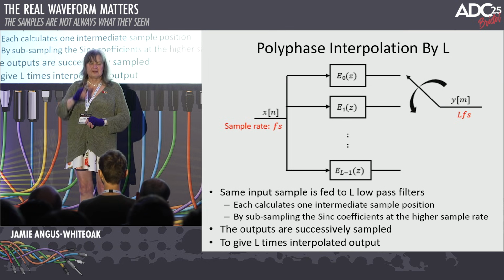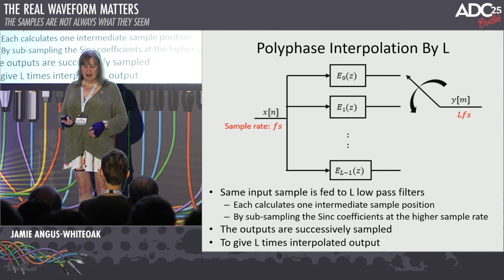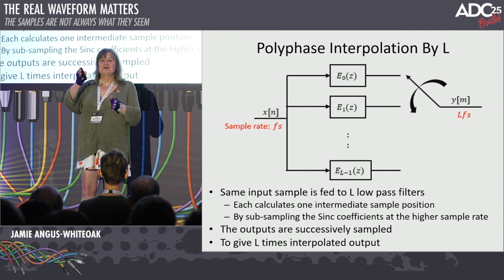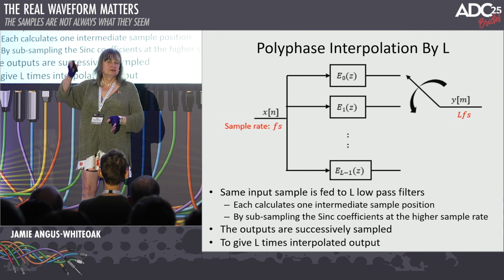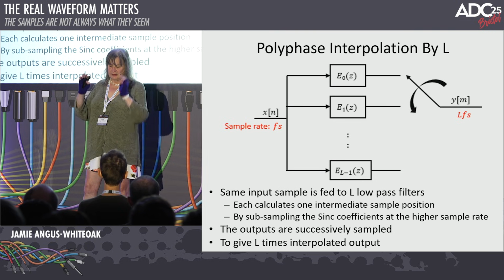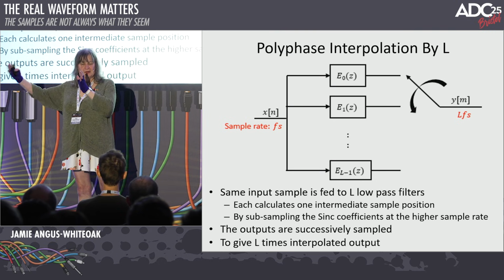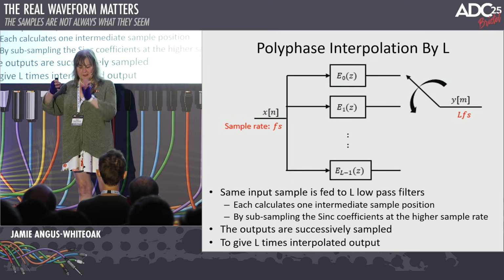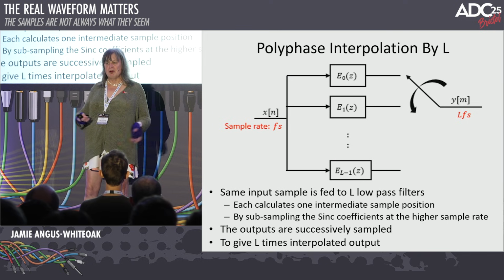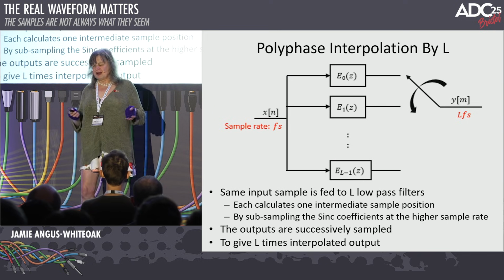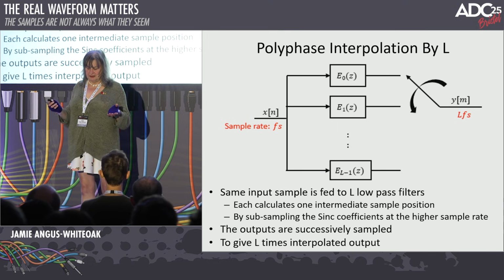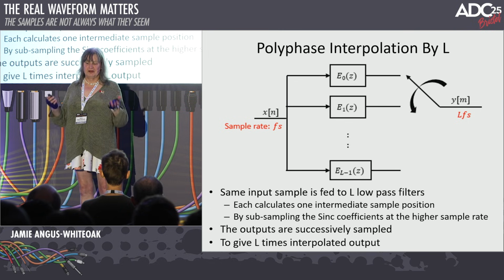Say we were implementing by a factor of L, the first filter would be coefficient 1, coefficient 5, et cetera, and then the next one would be the next set of coefficients to fill in the gaps, and so on and so forth. So you essentially fill in the gaps and do the minimum amount of computation. A little bit tricky to program, but computationally fairly efficient. And you'll get your L times interpolated output.